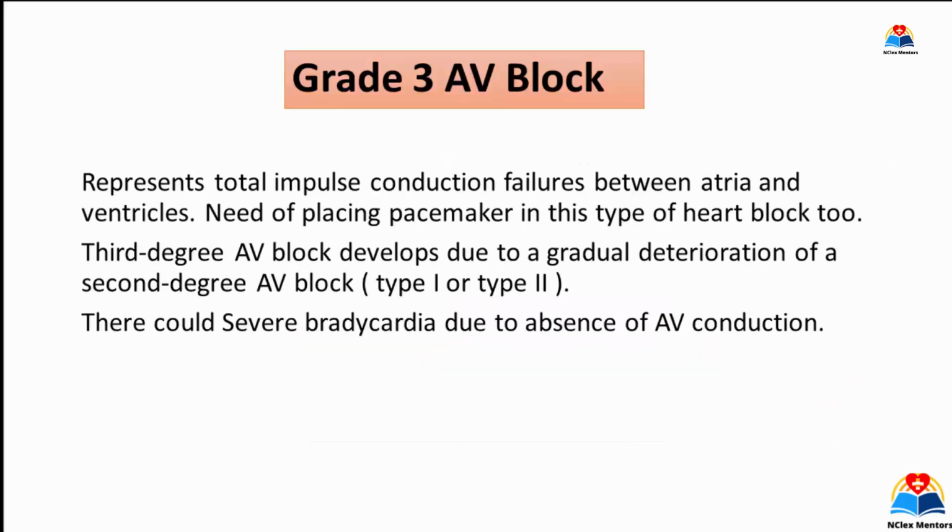The grade 3 AV block represents total impulse conduction failure between atria and ventricles. There is a need of placing a pacemaker in this type of heart block too. Often, a third degree AV block develops due to a gradual deterioration of a second degree AV block, which may be type 1 or type 2. There can be severe bradycardia due to absence of AV conduction.